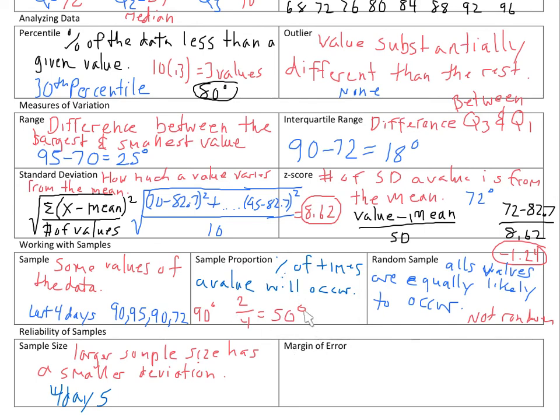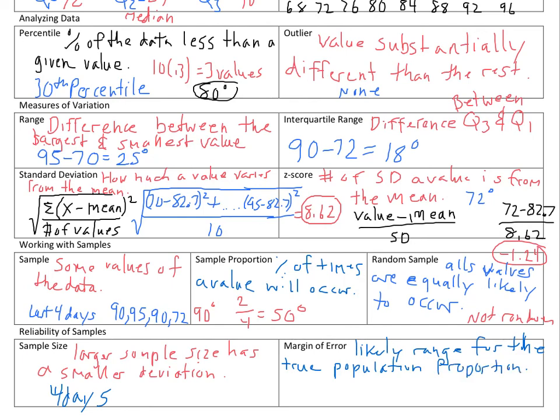Now the margin of error relates to the sample proportion. The margin of error is the likely range for the true population proportion.